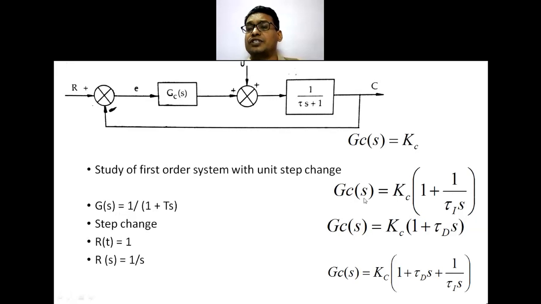Then the transfer function of a controller with integral action is Kc into bracket 1 plus 1 upon tau I s.